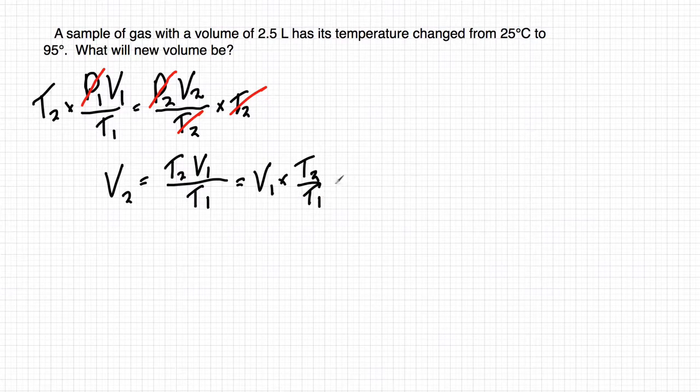So let's go ahead and plug in our numbers. The starting volume is 2.5 liters.